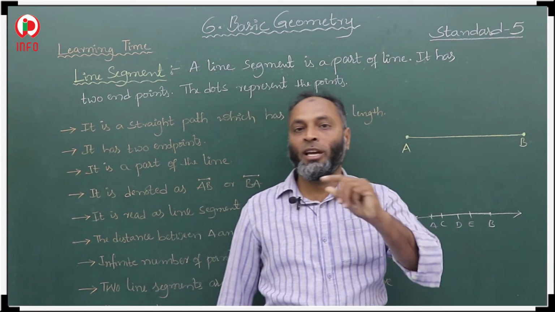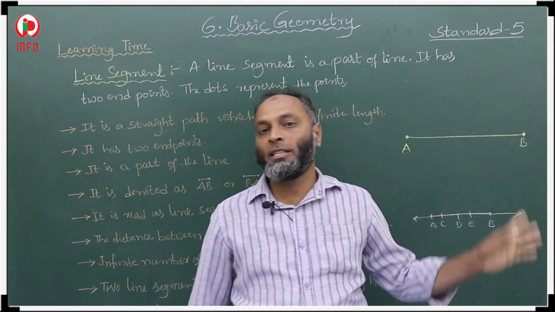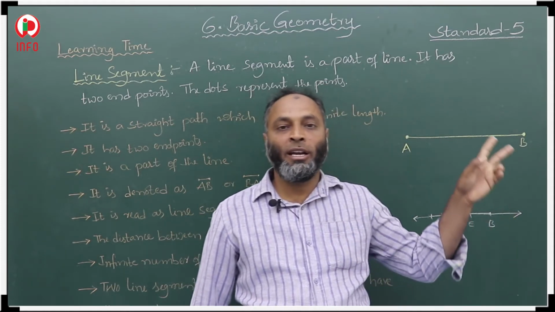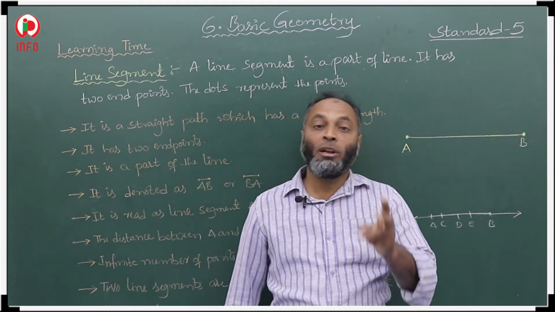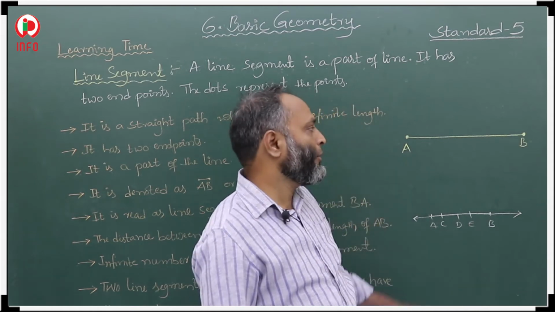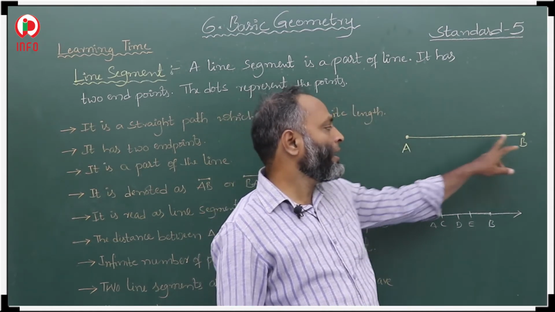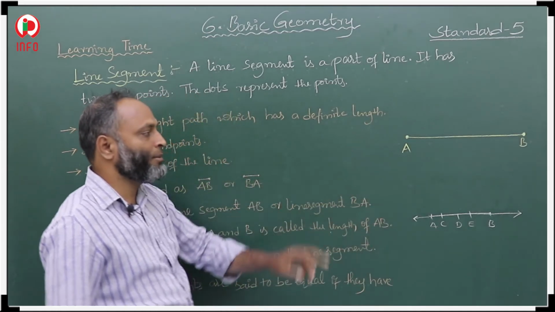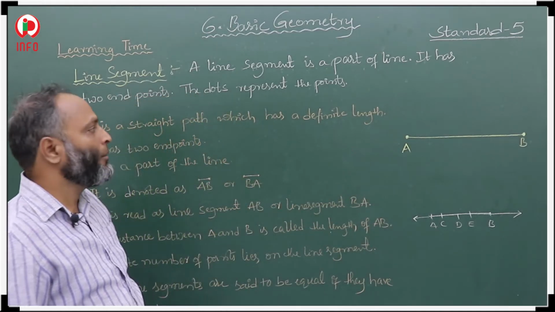In a line, we don't have any endpoint; it extends in both directions. In a ray, we have one endpoint, and on the other side it extends infinitely. In a line segment, we have two endpoints. The endpoints are represented with points like this, dots. So these dots represent endpoints and points.